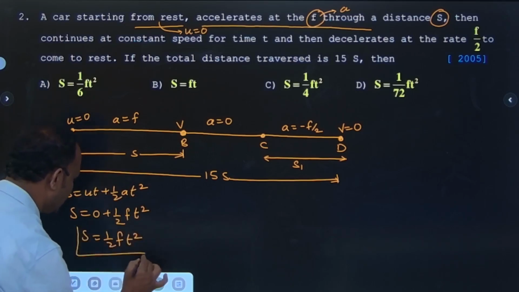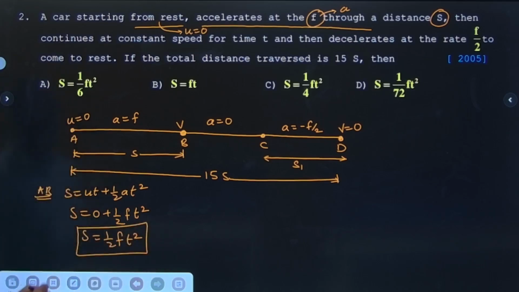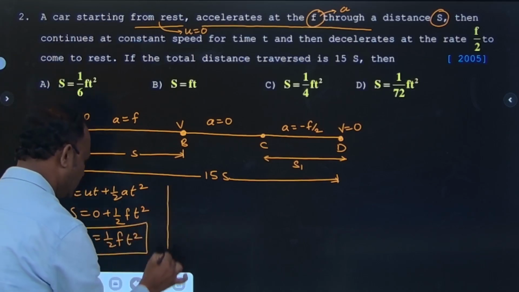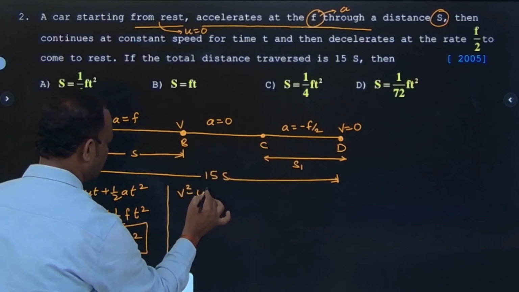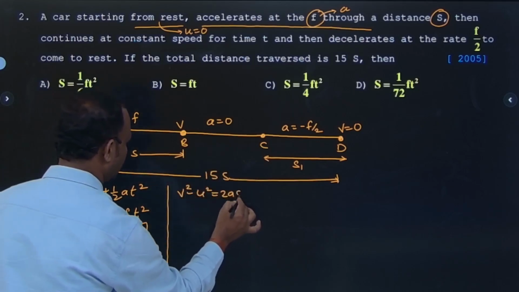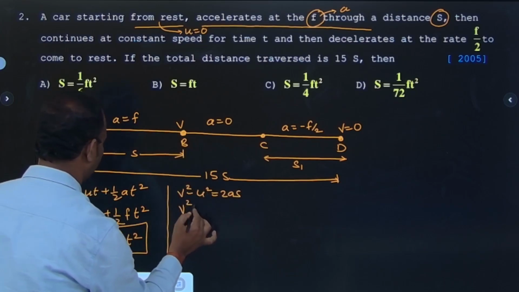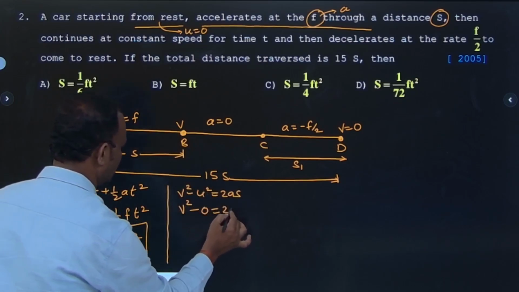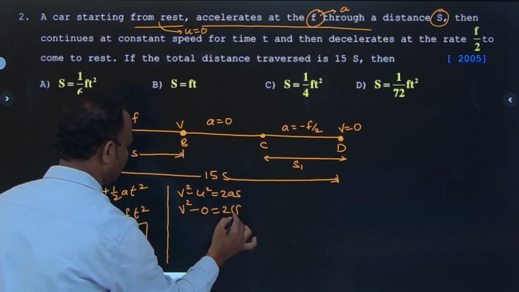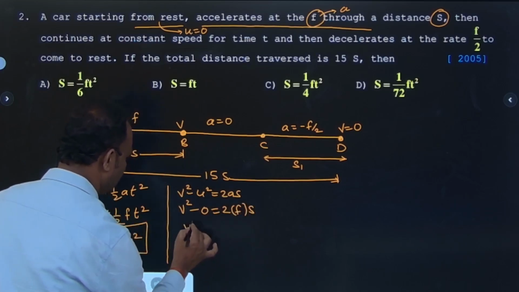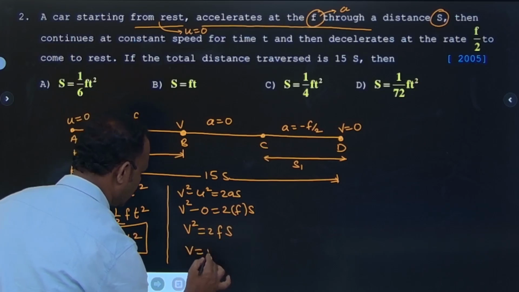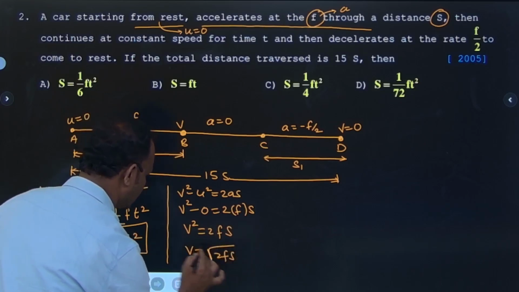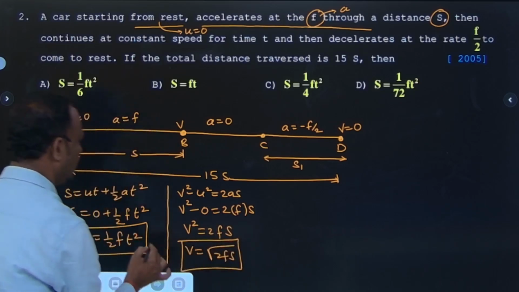This is my first relation, for AB. Next, v square minus u square is equal to 2as. So v square minus 0 is equal to 2 f s. V square is equal to 2fs, so v is equal to the square root of 2fs. This is the velocity acquired.